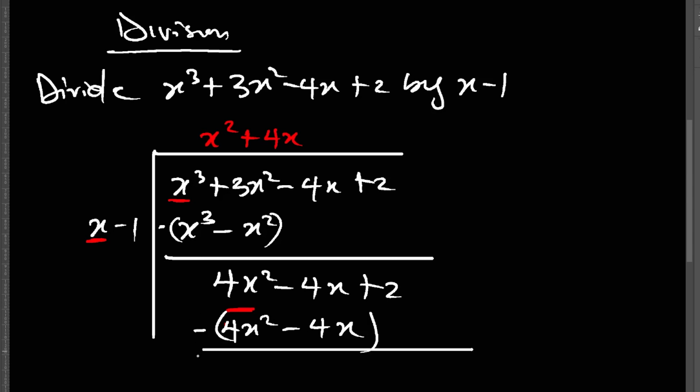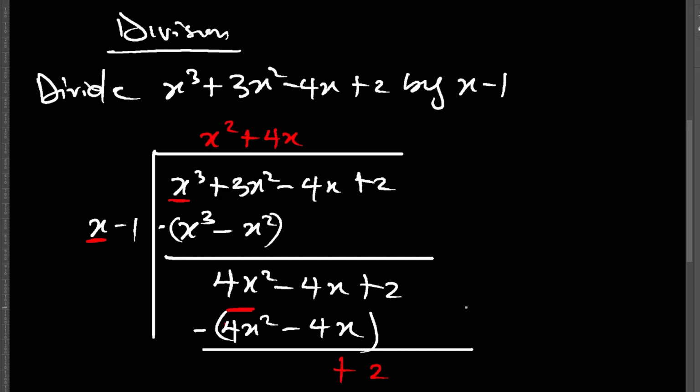This and this will cancel, so minus 4x plus 4x is gone, right? So we have plus 2 to be our remainder. That means if you say x cubed plus 3x squared minus 4x plus 2 divided by x minus 1, your result is going to be x squared plus 4x remainder 2.